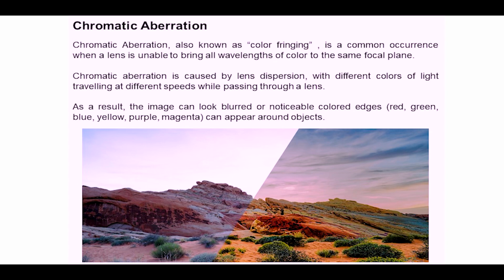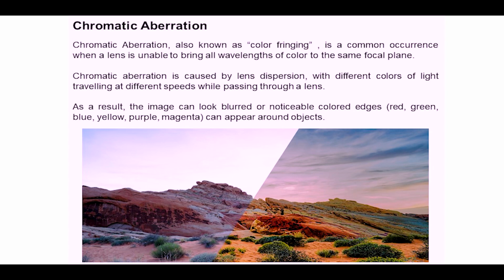So chromatic aberration is caused by lens dispersion, with different colors of light traveling at different speeds while passing through a lens. Again, I repeat, chromatic aberration is caused by lens dispersion with different colors of the light traveling at different speeds while passing through a lens.